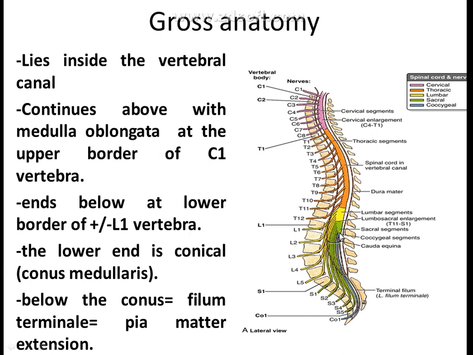And surrounding this thread-like extension of the pia are the spinal nerves of the lower segments of the spinal cord, forming a horse tail-like configuration which is called cauda equina.